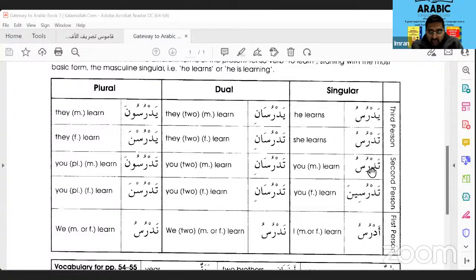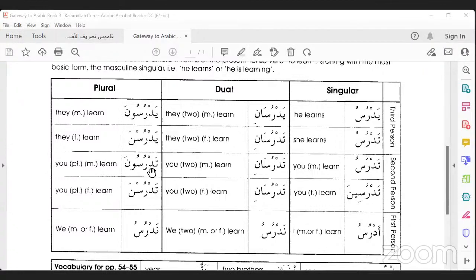But from the context, you will understand whether it's she or whether it's you male. And same over here, tadrusani, they both females learn, and you two males learn, are exactly the same, but you tell from the context whether it's female or male, dual. And then tadrusuna is what?